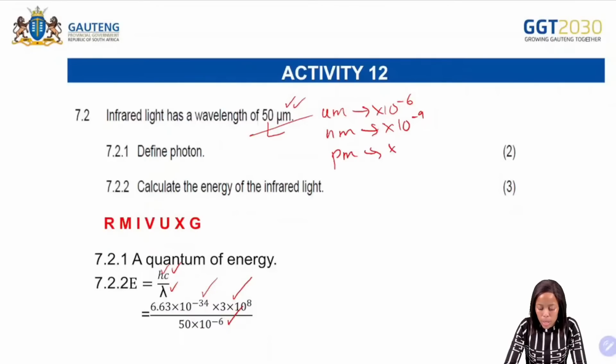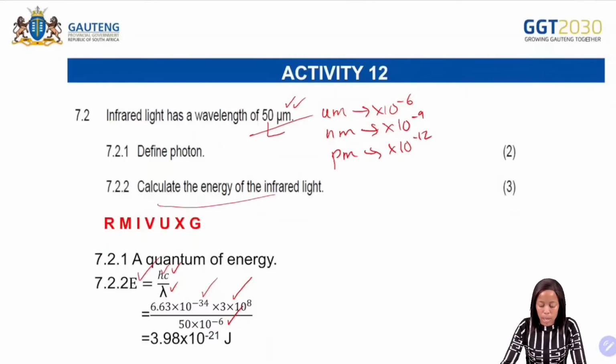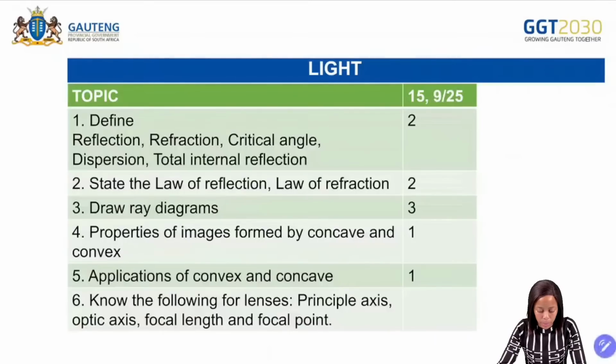Picometer, we multiply with 10 to the power of -12. So just make sure that you know those conversions. From there, we calculate and get 3.98 times 10 to the power of -21 joules. So that should be our energy for 3 marks.